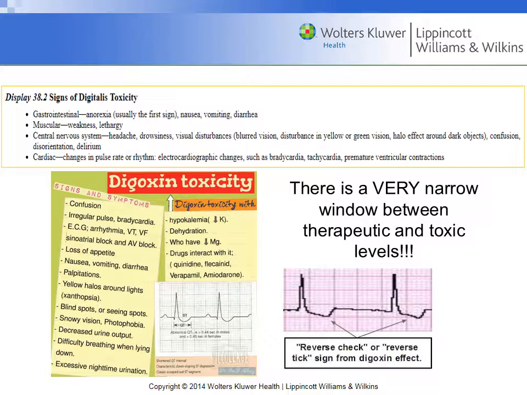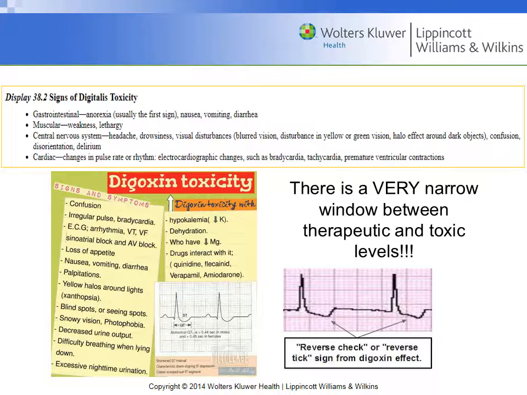So you can see it goes down before the T wave instead of following the normal trajectory. So shortened QT interval and a depressed ST segment could be a sign of digoxin toxicity.